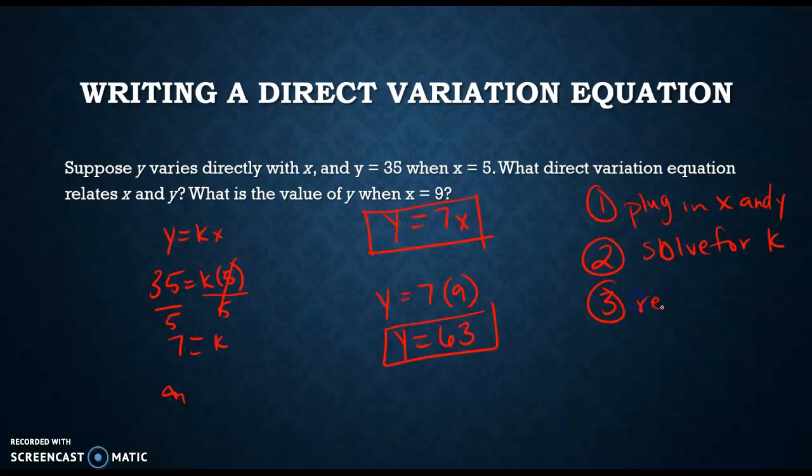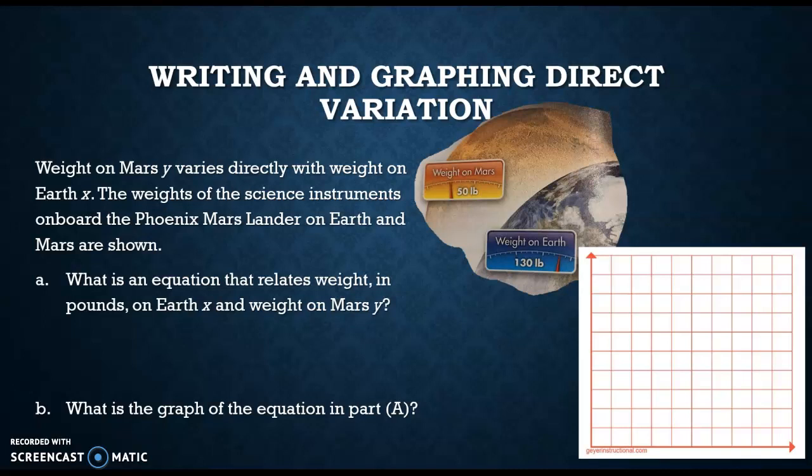Three, rewrite the equation: y equals blank x, with that blank being our k value. So whatever we find for k, we're going to put in the blank. And then if it asks us to evaluate from there, then we plug into the equation to find our y. And then that's it. All right, last example.